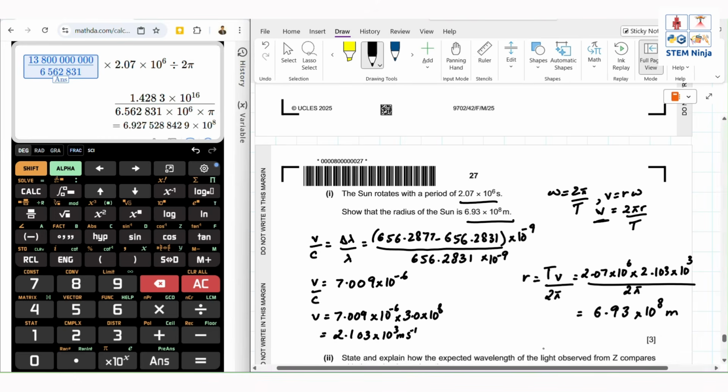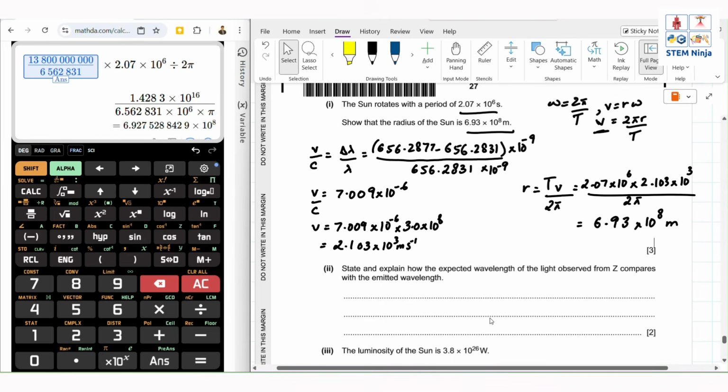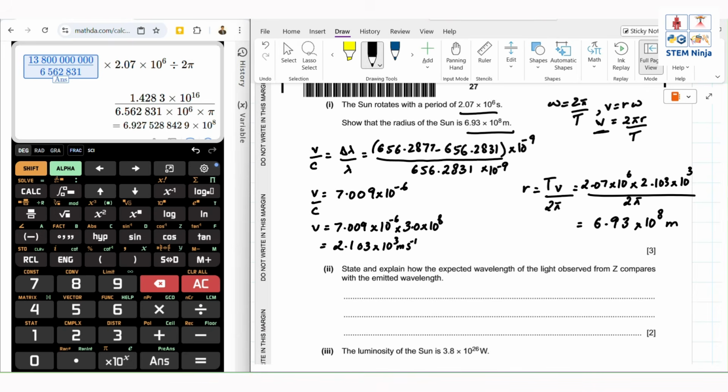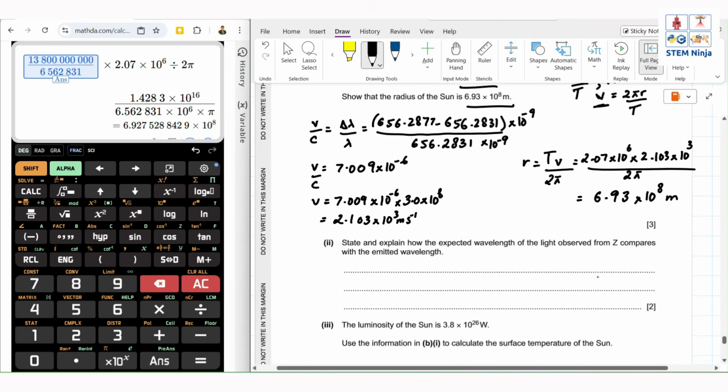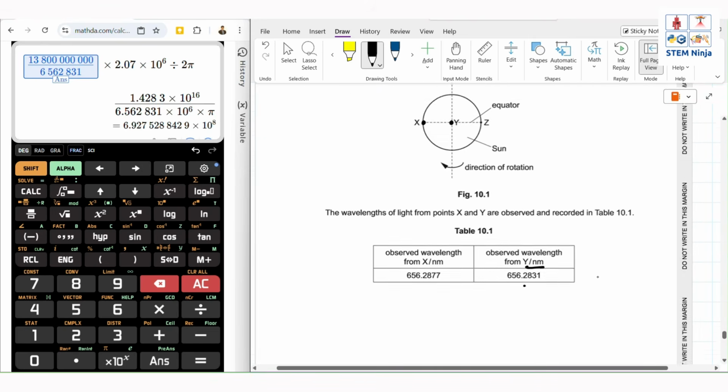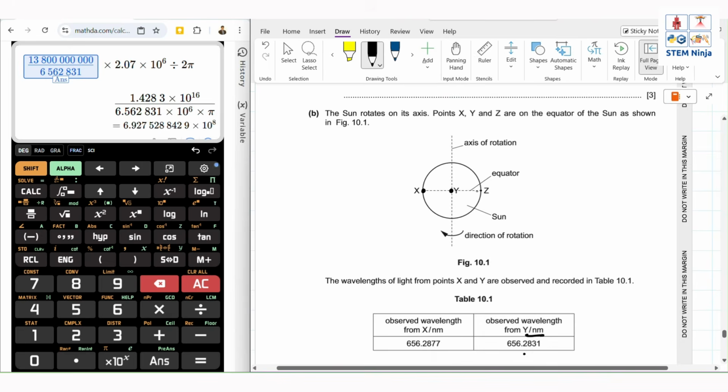That's it. Now, state and explain how the expected wavelength of the light observed from Z compares with the emitted wavelength. Emitted wavelength is the same for all of them and will be approximately equal to the wavelength at Y. But since this is going into the page and this is coming out of the page, like for example, the direction of rotation over here.